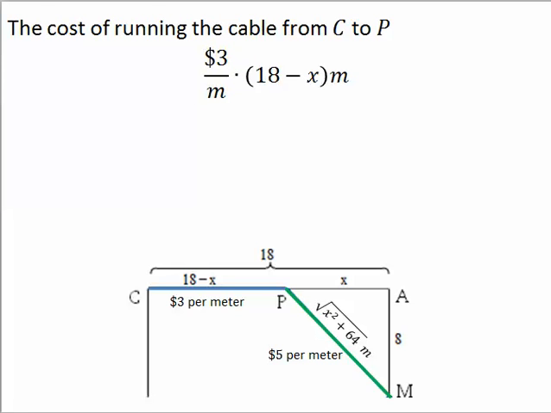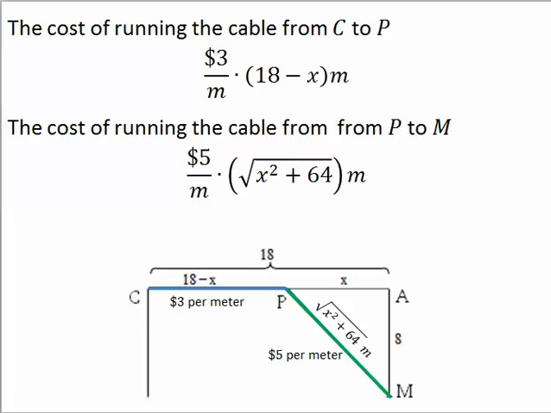The cost of running the cable from C to P is $3 per meter times 18 minus X meters. The cost of running the cable from P to M is $5 per meter times the square root of X squared plus 64 meters.